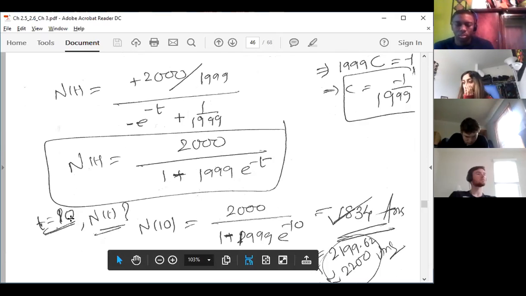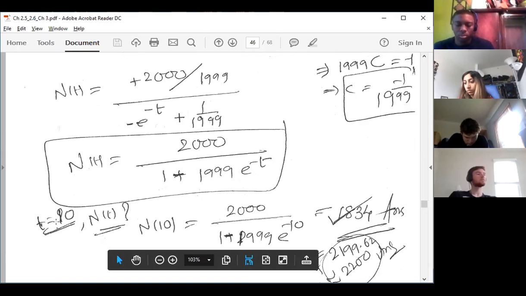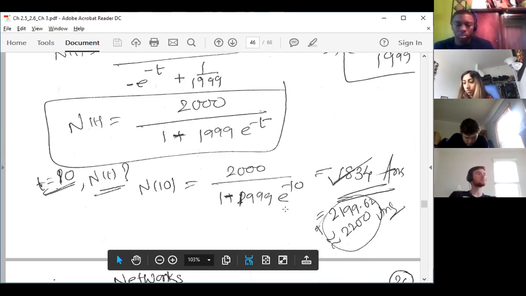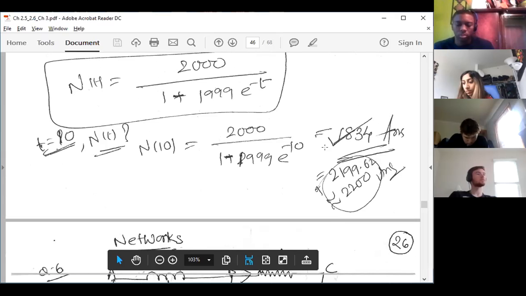So now what will be the situation, how many people are expected to use the new technology after 10 days? After 10 days, you can see over here when t equals 10, approximately 2200 sellers are expected to use the new technology. Look at here, guys.